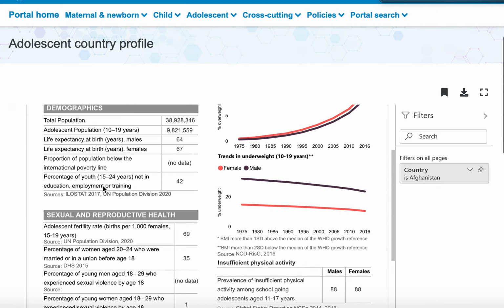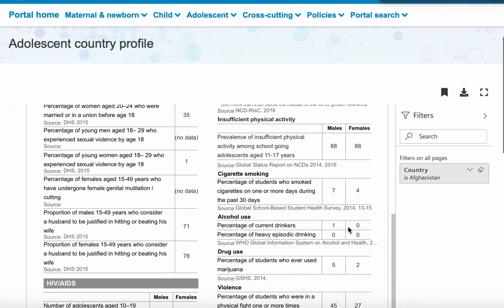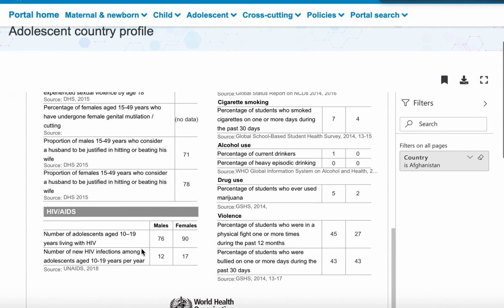You might look at employment and have a look at this number. You might also look over here at the percentage of people who are smoking cigarettes, the percentage of people who are insufficiently physically active or are drinking alcohol. I think there's some really interesting pieces of information here. The number of adolescents aged 10 to 19 living with HIV or AIDS.